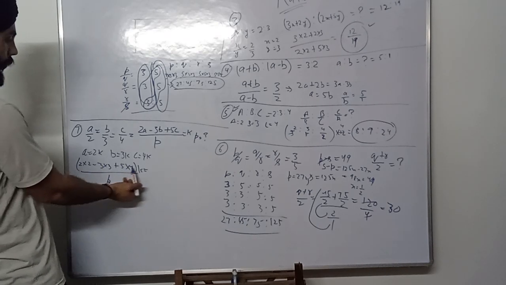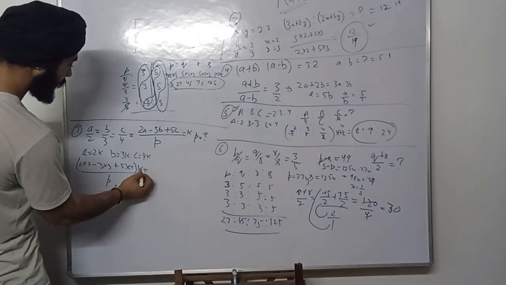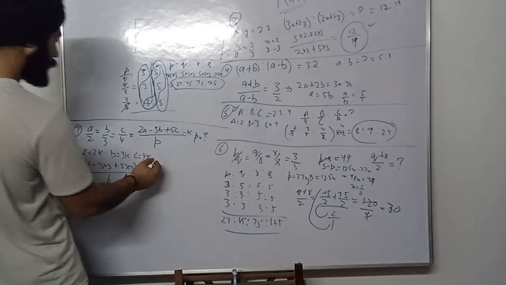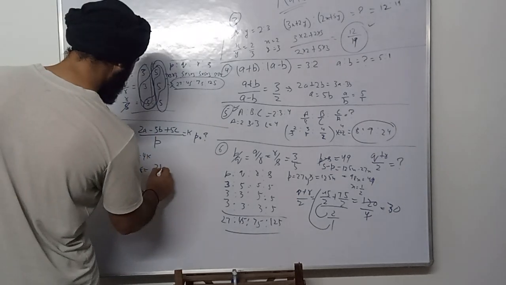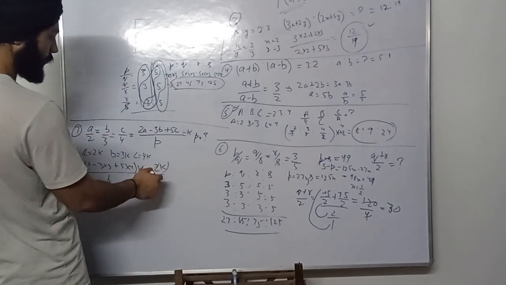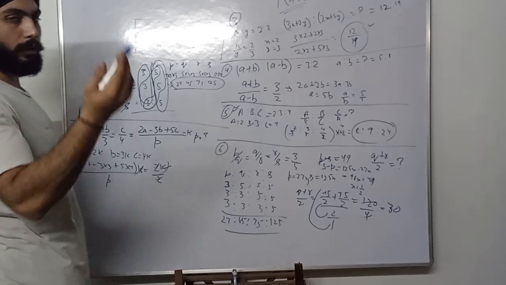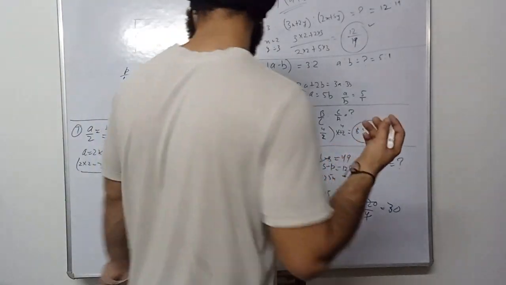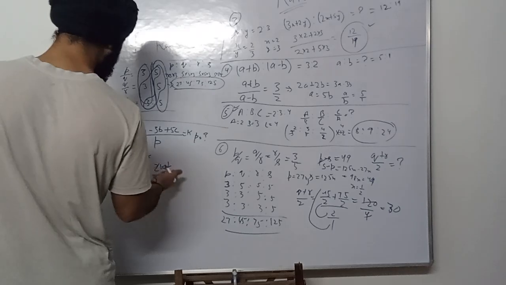So we can take a common K outside, and this is equal to A by 2. A's value is 2K, so 2K by 2. The 2 gets cancelled, K gets cancelled here. So we do not need to write the K values again and again. It will take too much time. So K got cancelled.